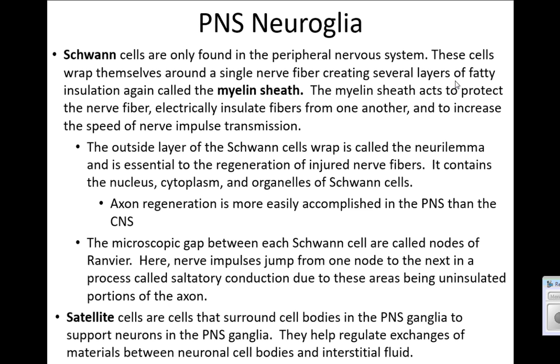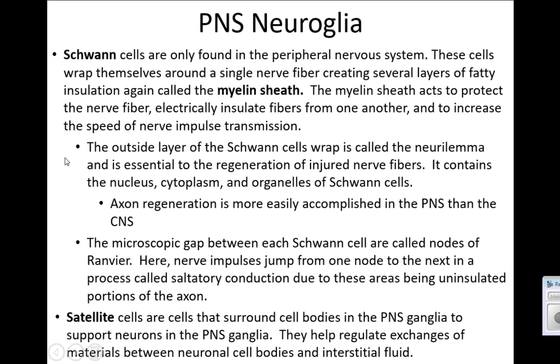The difference between these guys and oligodendrocytes is that these guys only wrap around, well, I don't want to say that because I don't want confusion. What is something that's cool about these guys, so let me backtrack, is that they have this outer wrapping called a neurolemma, which is helpful for regenerating damaged nerve fibers, so axons that have become damaged.